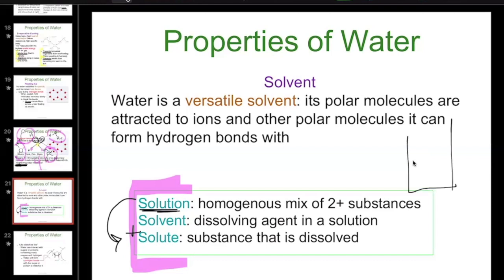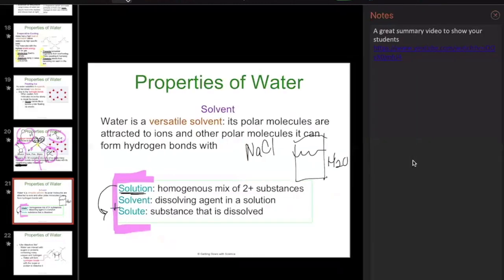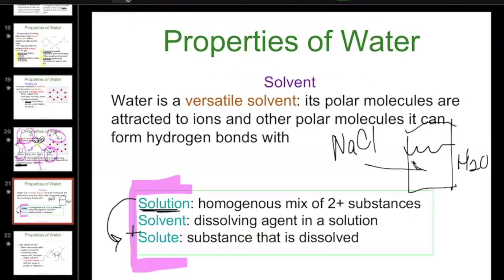So if you have a beaker full of H2O and I put NaCl in it, oops, NaCl is table salt, what is going to happen? That water is going to break down that NaCl.